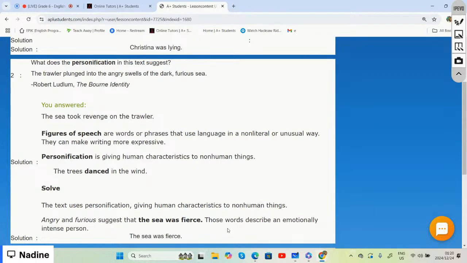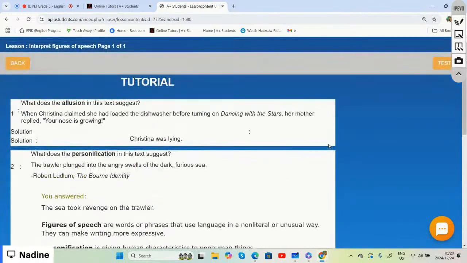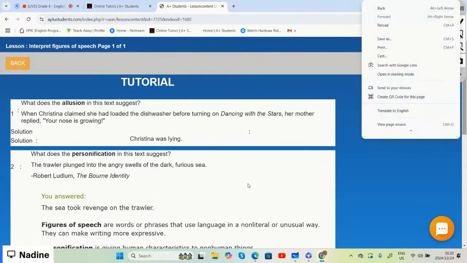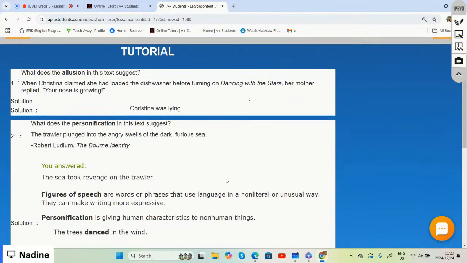So now we're going to go over a few things, and then we are going to a test where we are going to figure out figures of speech, what personification is, what is illusion.